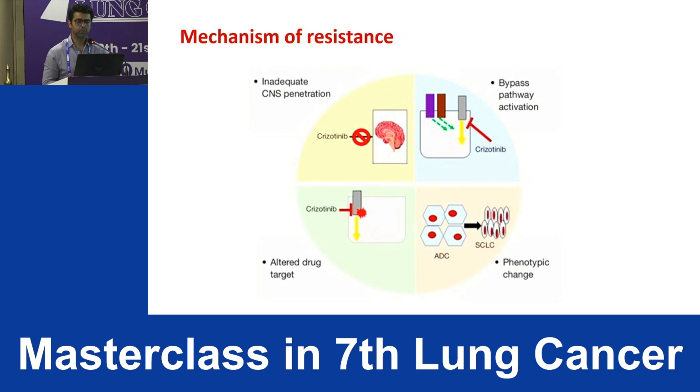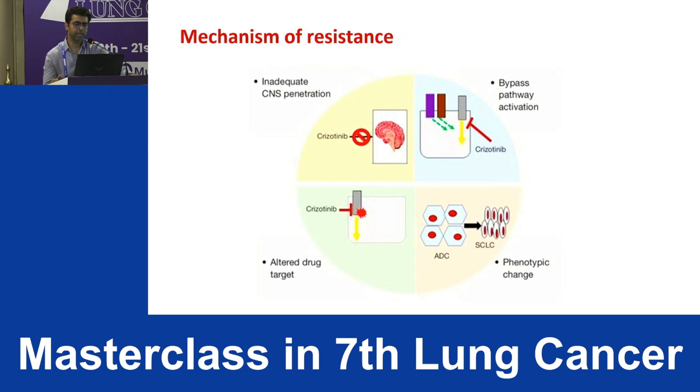Now coming to the mechanism of resistance. We start with crizotinib, which is the most commonly used drug for ROS1 positive advanced NSCLC. How do patients acquire resistance to crizotinib? First, inadequate CNS penetration. As we all know, crizotinib does not cross the blood-brain barrier as well as the other newer TKIs.